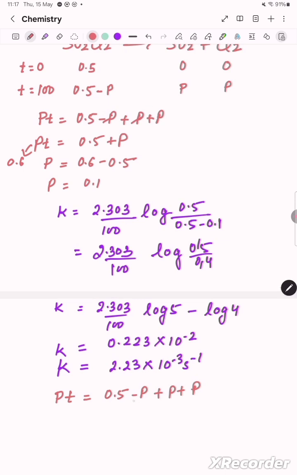Minus P and plus P cancel out, and total pressure is 0.65, and 0.5 plus P remains, so P becomes equal to 0.65 minus 0.5, that is 0.15.